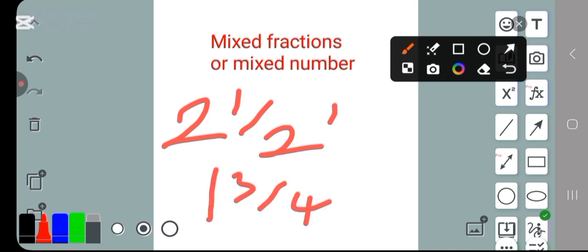As I said earlier, the mixed fractions are made up of a whole number and a proper fraction. 2 is a whole number. The proper fraction here is 1 over 2. Another example: here, 1 is a whole number. The proper fraction is 3 over 4.